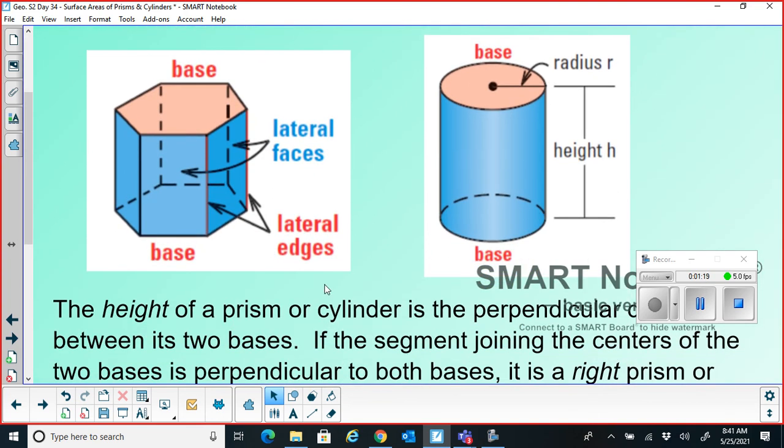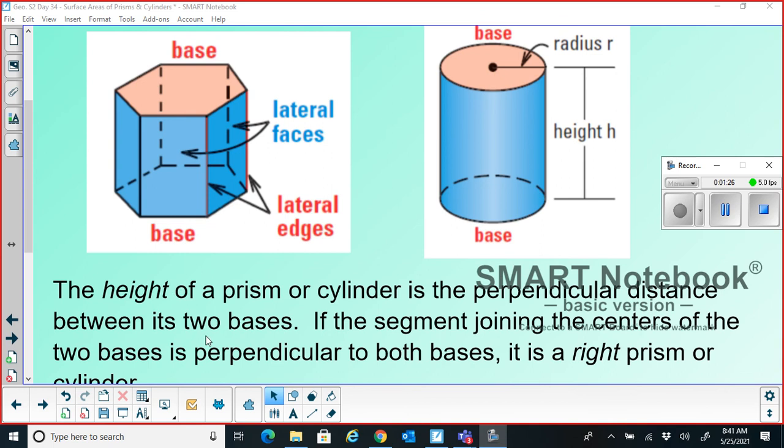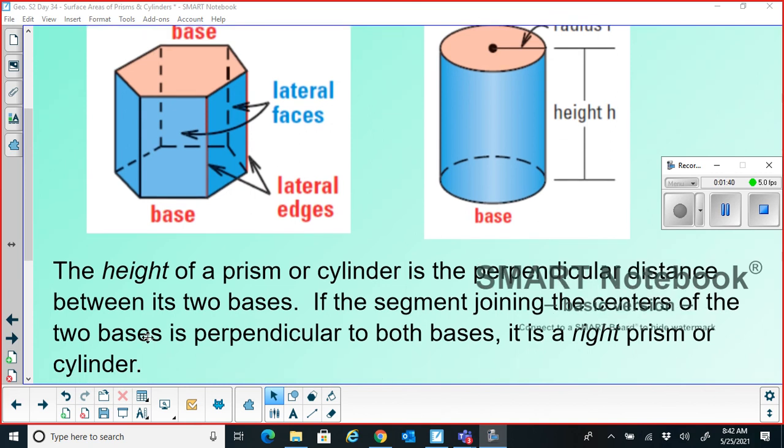The height of the prism or cylinder is the perpendicular distance between its two bases. If the segment joining the centers of the two bases is perpendicular to both bases, it is a right prism or cylinder.